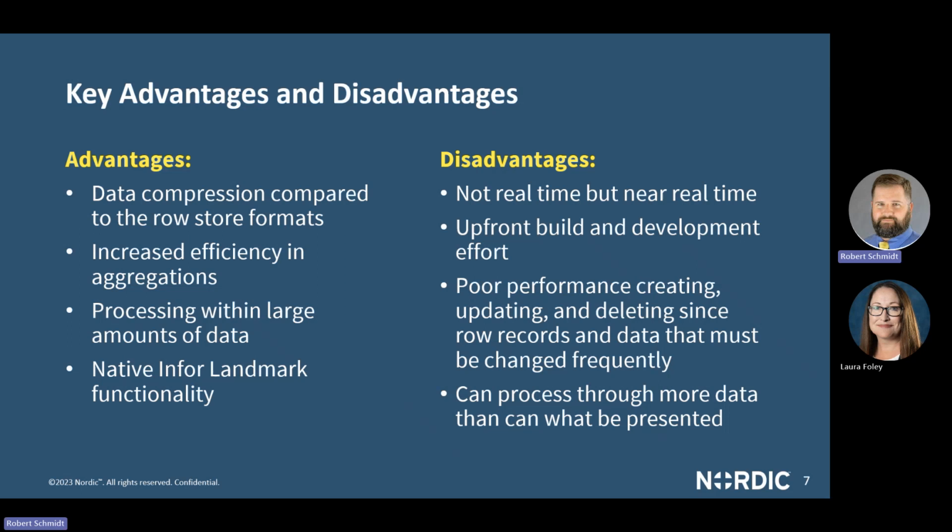And then the last piece here is really around some of the solutions that we provided because of Columnar, because of some of the powerful things it does, because of some of the infrastructure and structure that's behind the scenes. Columnar can do so much behind the scenes, and you just want to be really careful and cognizant of what you can present within Landmark, within a list view or within data that's being presented.